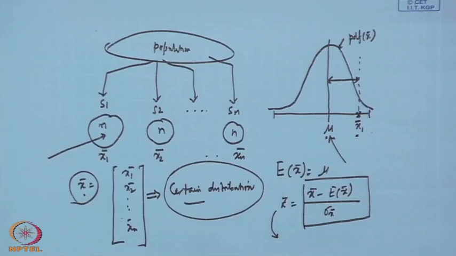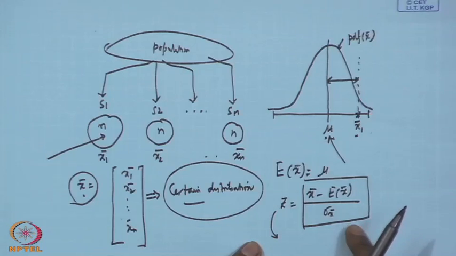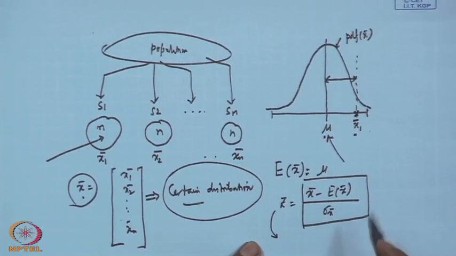If sigma is unknown and your sample size is large, then this quantity follows again Z distribution. But if the sample size is small and sigma is unknown, then this quantity follows T distribution.